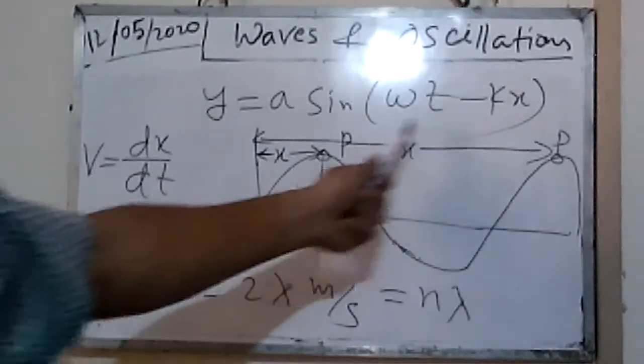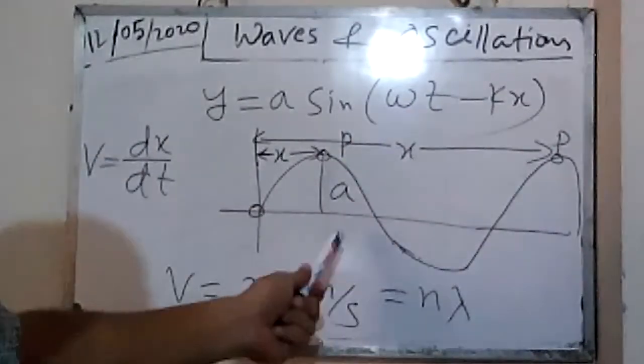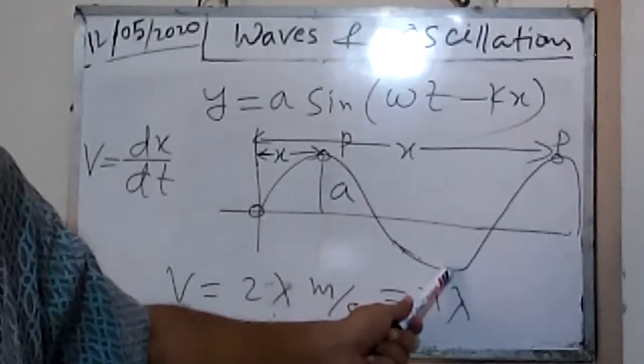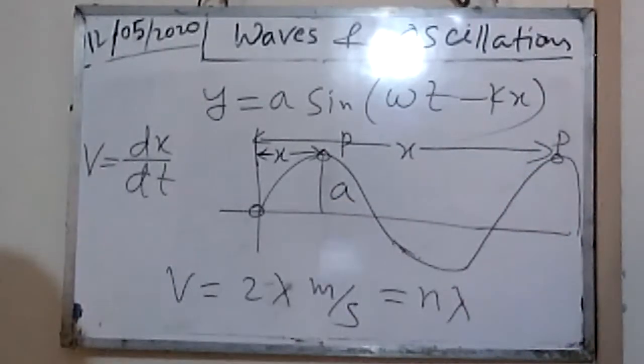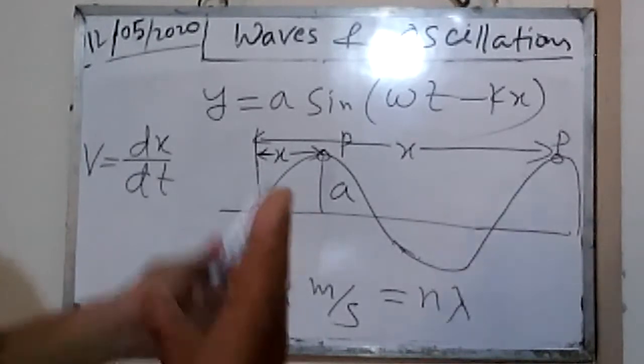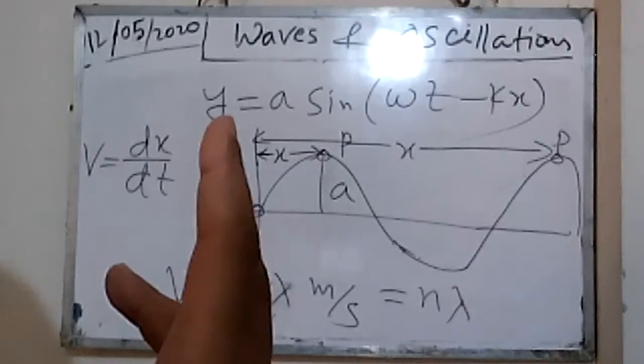This position is changing, crest to crest, or trough to trough. This is the changing of the position. Position means phase. The changing of the position means phase changing. Phase changing means the wave is moving forward, and this velocity is also called phase velocity, or wave velocity.